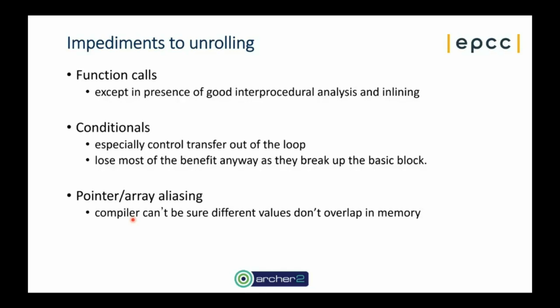The compiler can't always tell if two arrays or two variables are distinct and point to separate areas of memory, or there's some overlap between them. And in that scenario, it can't really do unrolling or aggressive optimizations because it's not sure if it will impact the correctness of the results by overwriting memory that was going to be used in the next iteration or something like that.